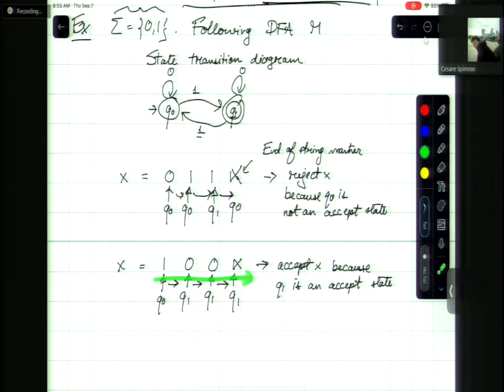Can I start back here and then go from right to left? The answer is no, I cannot do that. I can only read from left to right. I can't go back. If I go back, it turns out that's a more powerful computational machine.